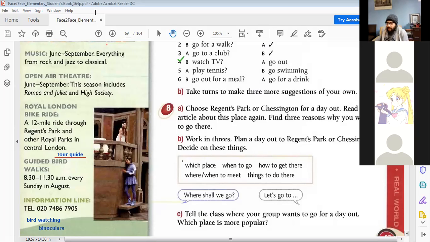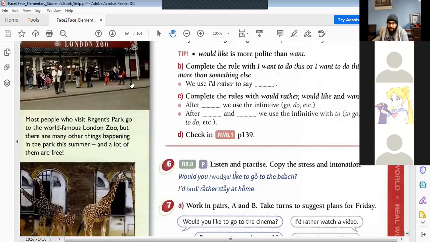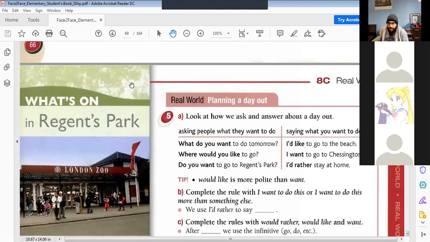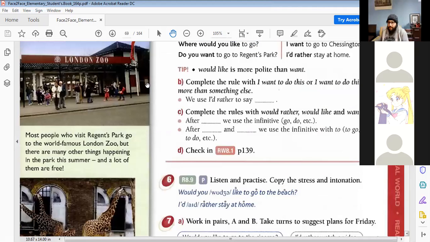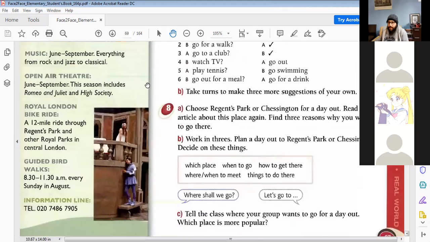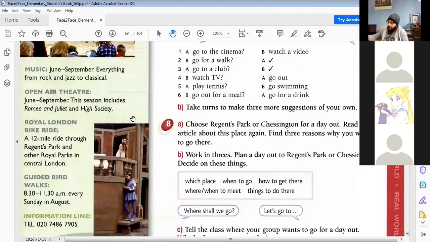Okay, so now let me ask you a few questions about Regent's Park. The first question is: is the theater in Regent's Park open in October? Let me show you. Is the open air theater open in October or not?